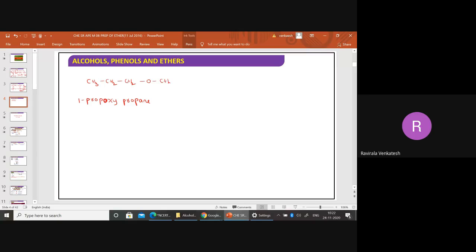It is called 1-propoxypropane, reacting with HI. Now I think you can do this problem, correct or not? Yes or not? Sir. Right.